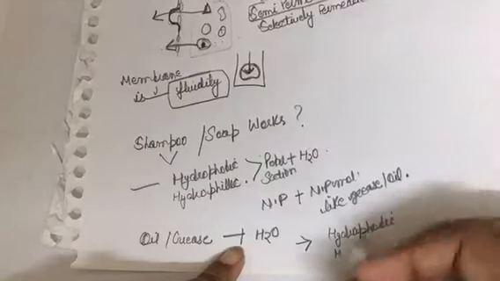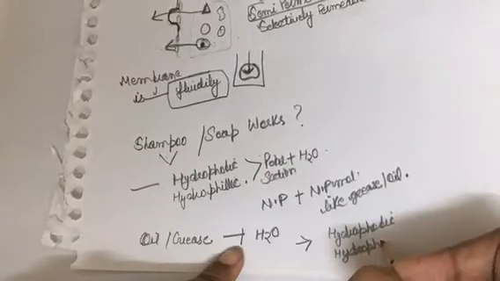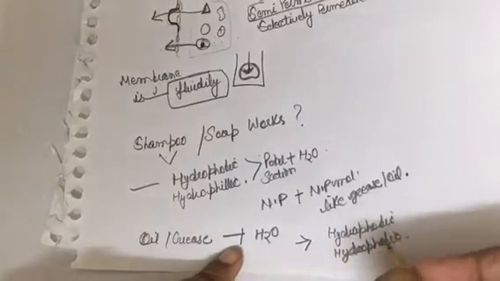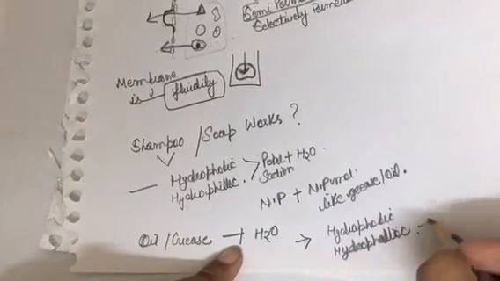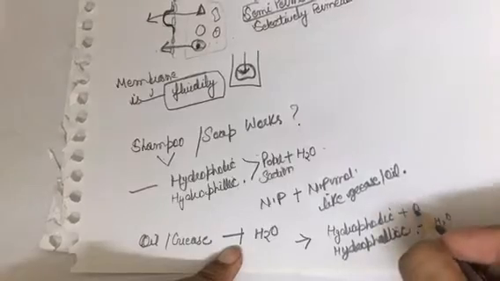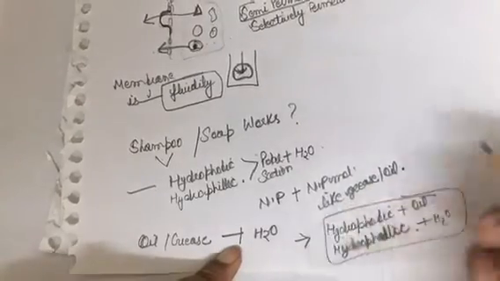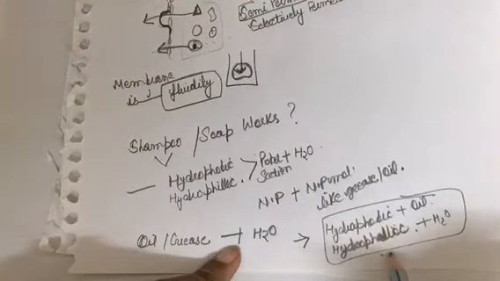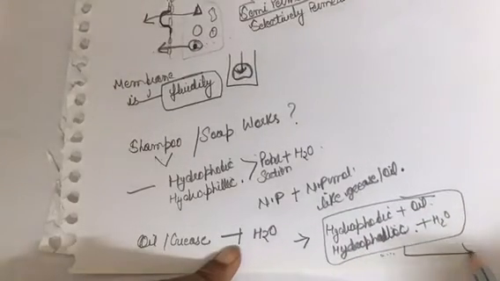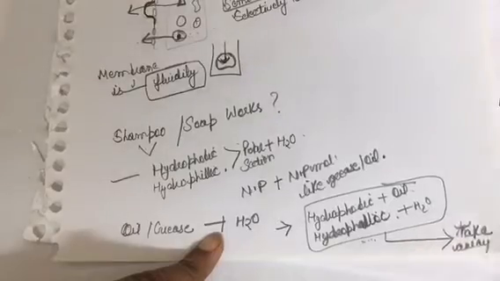So the hydrophobic region will interact with the oil or grease, and the hydrophilic part will interact with water. So what's next? After this interaction, this soap molecule will take the grease with it. It will take away the grease.